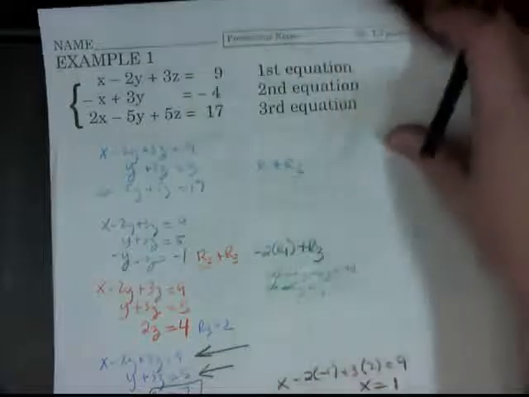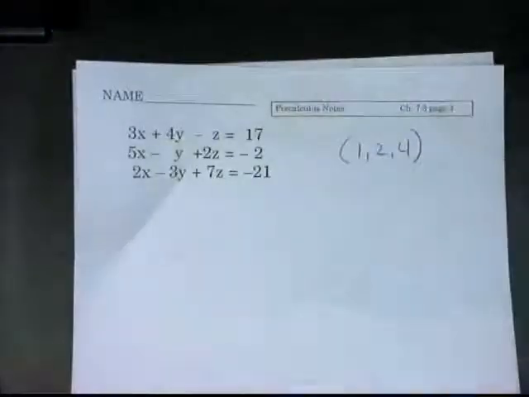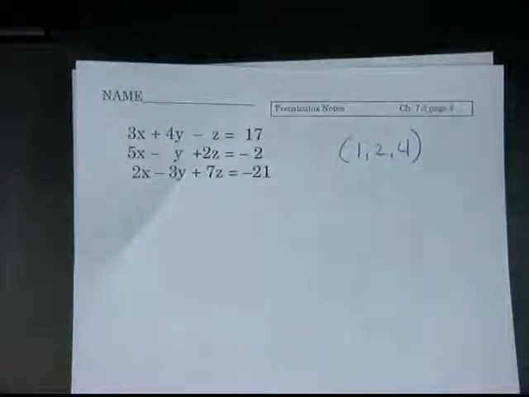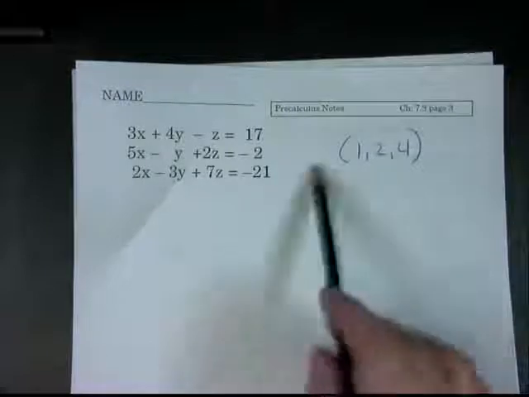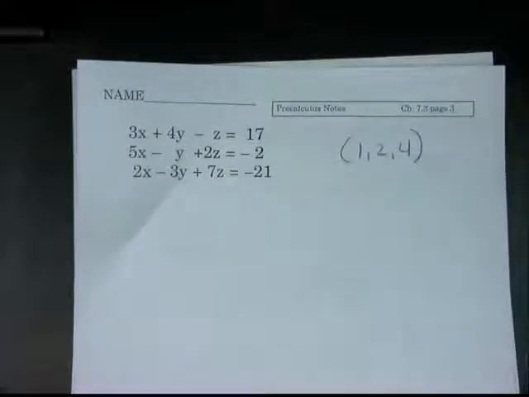So what I would like you to do on the next page is I would like you to work out the example that's there, you should come to the conclusion that's 1, 2, 4, but I want you to work it out both ways.